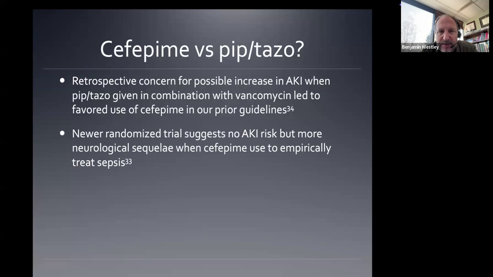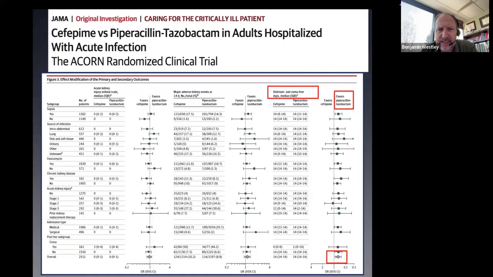So a randomized trial in septic patients that all got vancomycin plus either cefepime or piptazo showed that there was not an increased risk of renal failure with piptazo, but patients that got cefepime had substantially more neurological sequelae. This could be coma, this could be seizure, and that can be seen here.